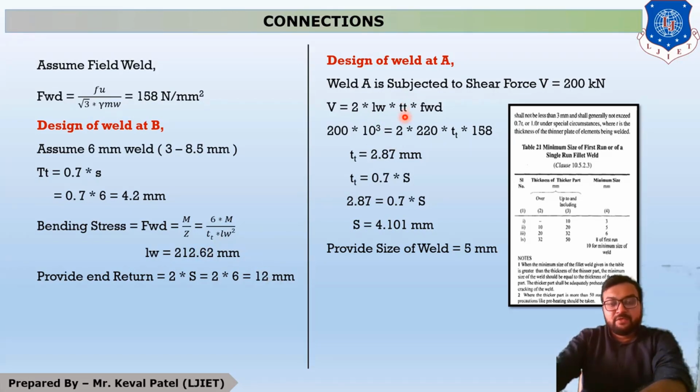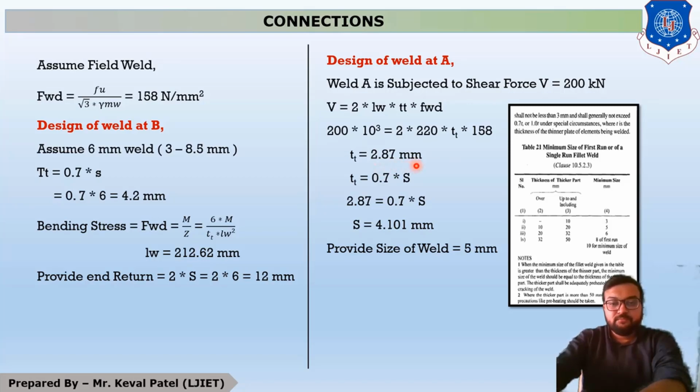TT means our unknown value, because we have to check whether our selected throat thickness, which is 4.2, found from the assumption of minimum size of weld, is feasible or not. Now FWD is 158.